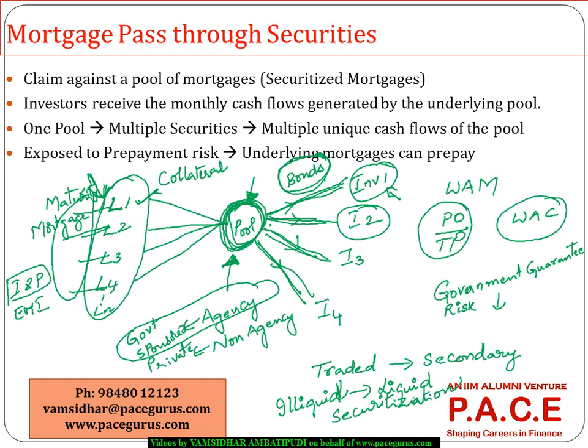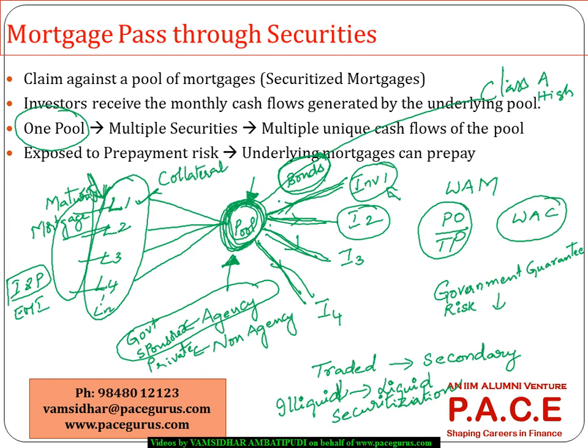And the other thing we generally see is that against one pool itself, multiple classes of securities can be created, depending on the needs of different individual investors. Probably from this pool, for some portion I create a class A security where the coupon will be much lesser and risk lower, and it will have high priority.